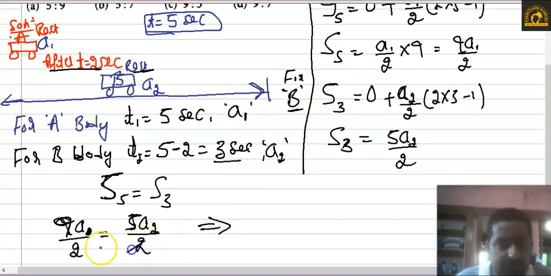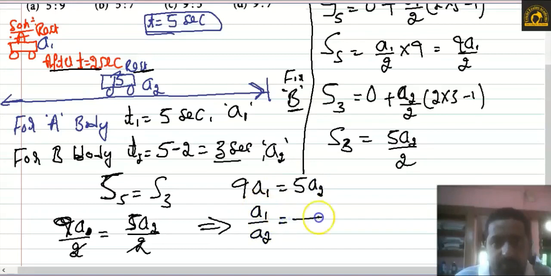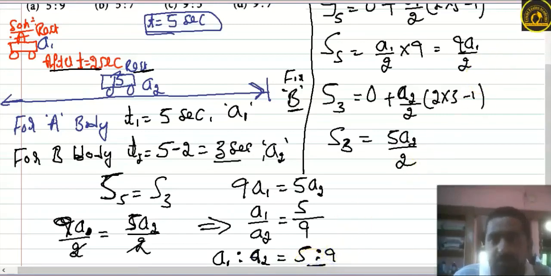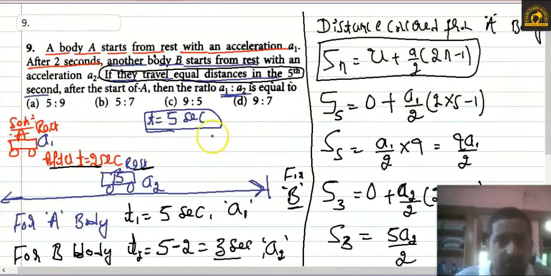After simplifying, the 2 gets cancelled, so 9a1 is equal to 5a2. Then a1 by a2 is equal to 5 by 9. So a1 is to a2 is 5 is to 9, that is the answer.